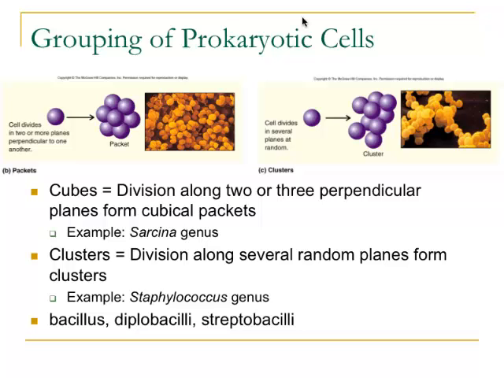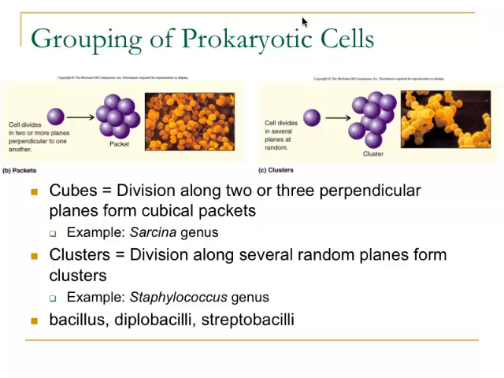But in addition to division in one plane, some species of bacteria divide in more than one plane. And if they divide in perpendicular planes, then they form this kind of growing cube of cells. The sarcina is an example of that.